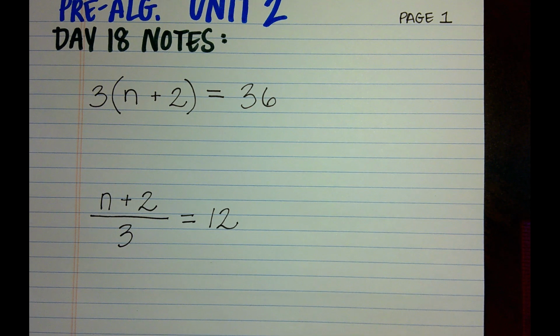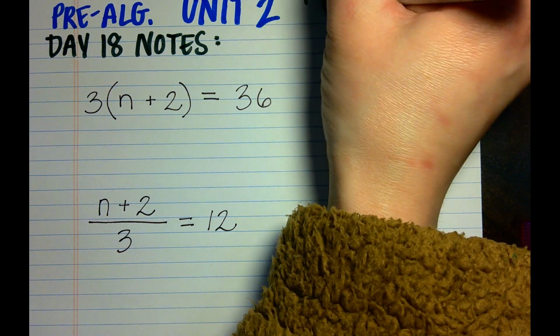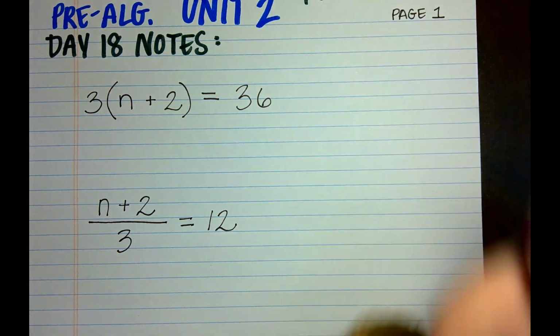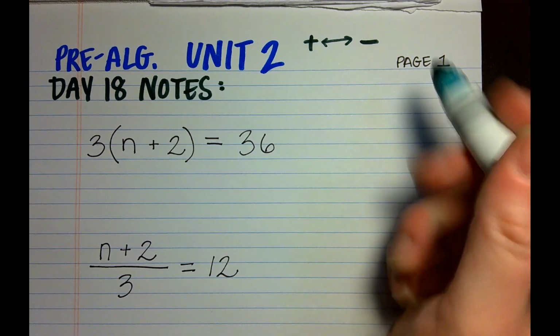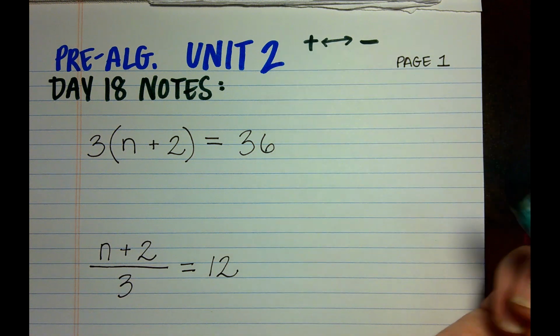So remember, whenever we are solving equations, the first thing that we always kind of think about is our inverse operations, our opposites. So I'm just going to note those up here. We know that plus and minus, addition and subtraction, are opposites.